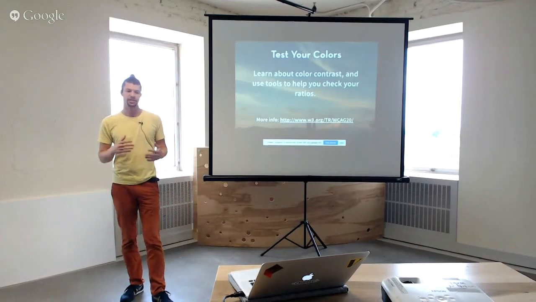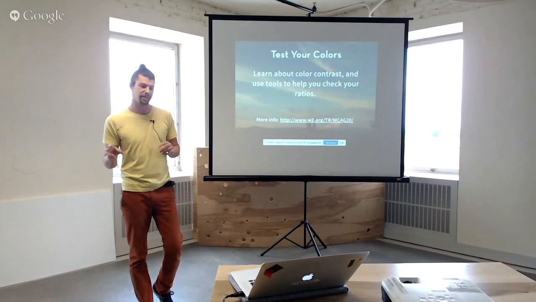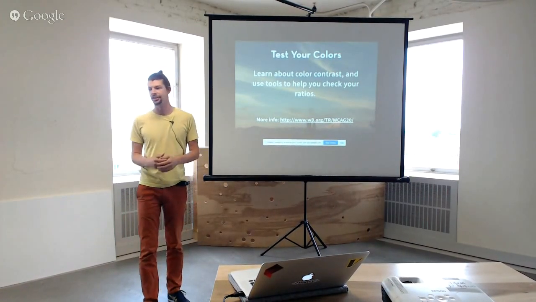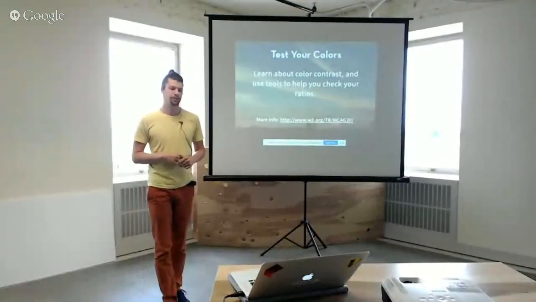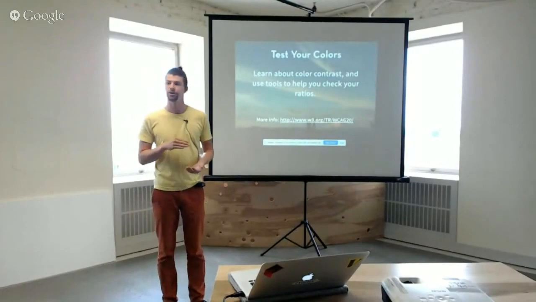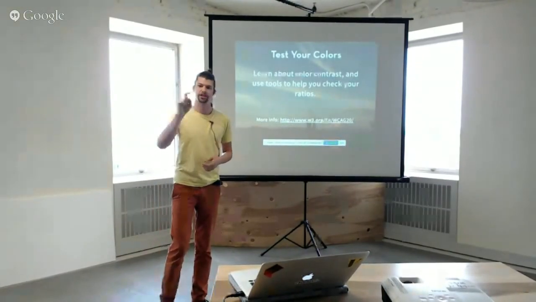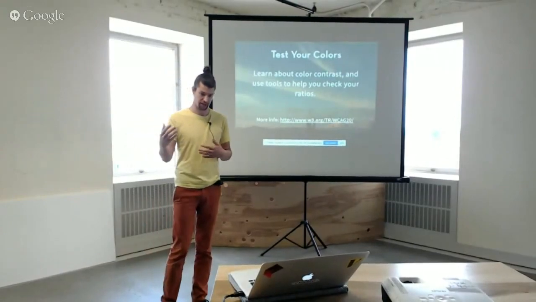So first of all, you have numbers you can work against. Second, there are tools available that will quickly scan your page and tell you, nope, you're off. The designers at Vox have recently been playing around with Photoshop plugins where you use an eyedropper here and an eyedropper here to select two colors, and it'll tell you your color contrast ratio and whether or not you can use them.